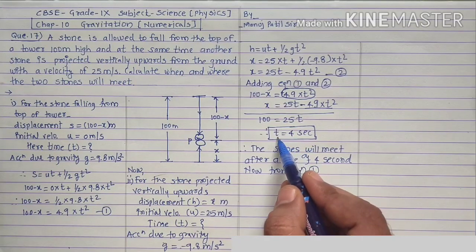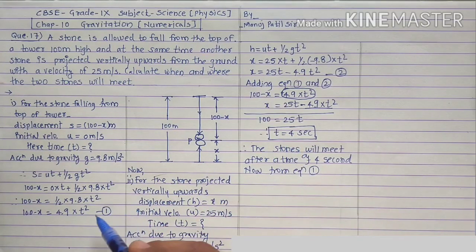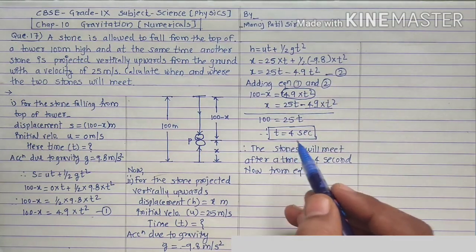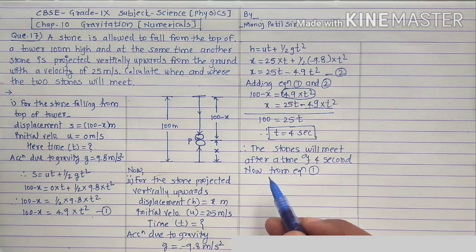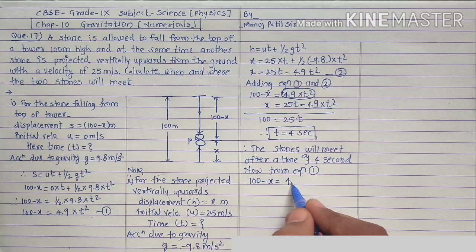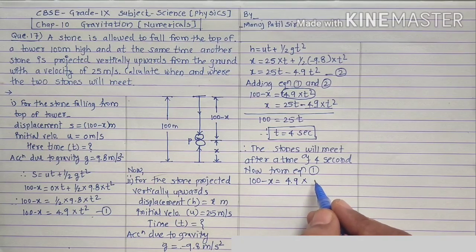So we can substitute t is equal to 4 in equation 1 or in equation 2. In any equation we can substitute the value of t is equal to 4 seconds. So from equation 1 we can write 100 minus x is equal to 4.9 into t square, that is 4 square.